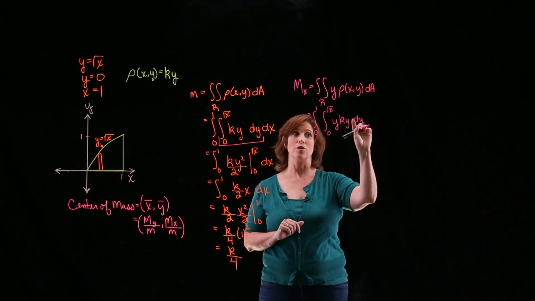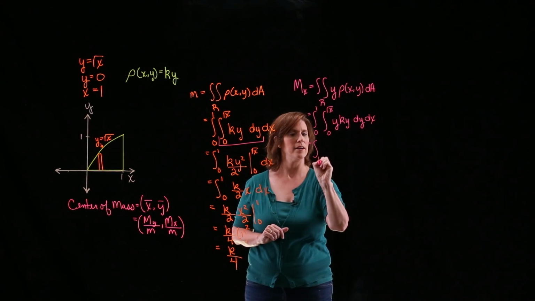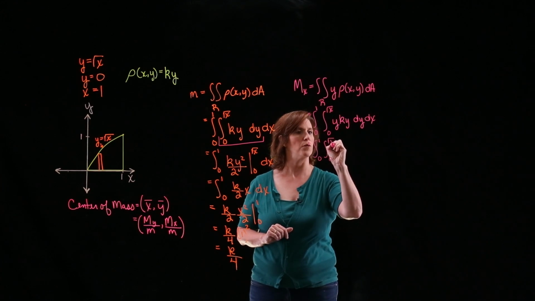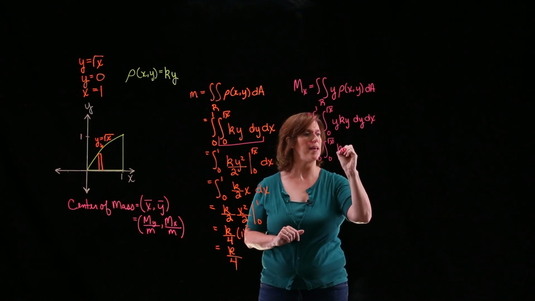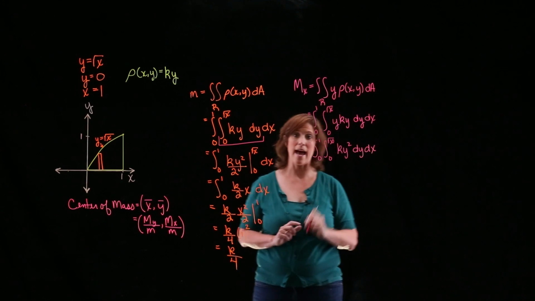I've chosen the order dy dx. So I have the integral from 0 to 1, the integral 0 to the square root of x, and this will be ky squared dy dx.